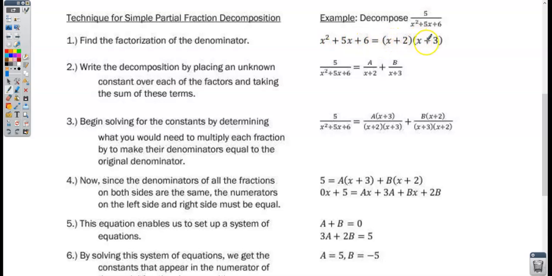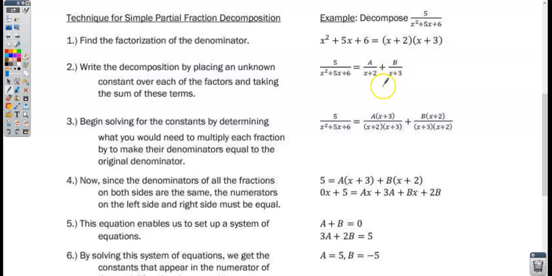That's x plus 2 times the quantity x plus 3. Then we're going to write the decomposition by placing an unknown constant over each of these factors and taking the sum of these terms. So we're setting our original fraction equal to a over the one factor plus b over the other factor. Okay?